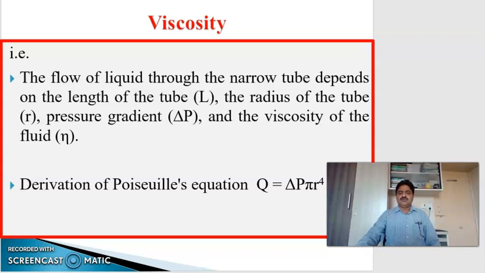So the derivation of the equation is Q, the rate of flow of liquid, is equal to delta P pi r raised to 4 upon 8 eta L, where r is the radius of the pipe or tube, eta is viscosity, and L stands for length, as we have already seen.